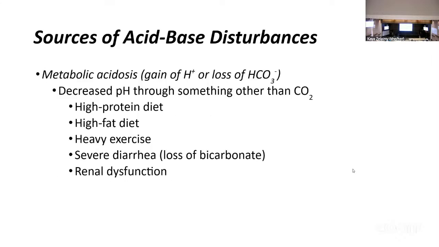Now, kidneys can also be a problem, right? It's not just carbon dioxide that can throw the pH into our undesirable ranges. Metabolic acidosis has to do with either literally gaining too many protons, too many hydrogen ions, or losing too many bicarbonate ions, because our bicarbonate ions are supposed to be buffering out the carbon dioxide.